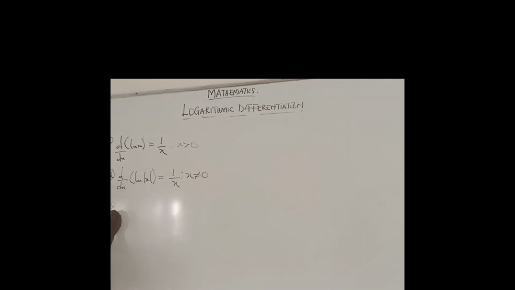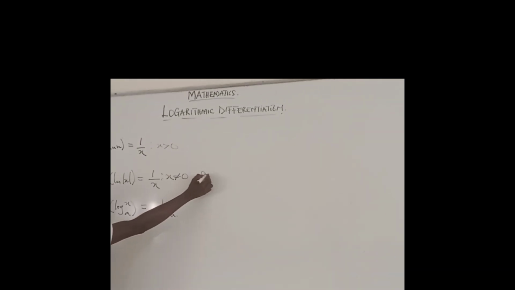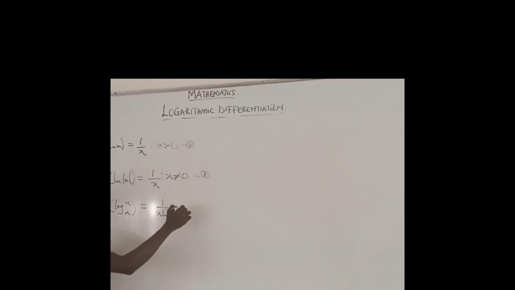So number 3, when you have dy/ds of log of s base a, it is going to be 1 over s ln a. Please take note of that. This is equation 1, equation 2, and equation 3.